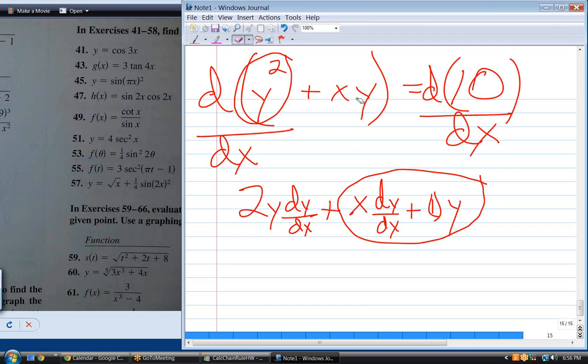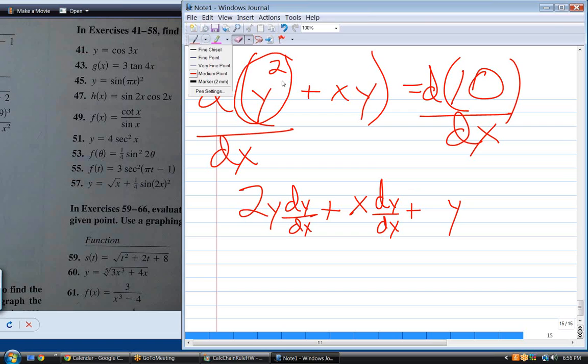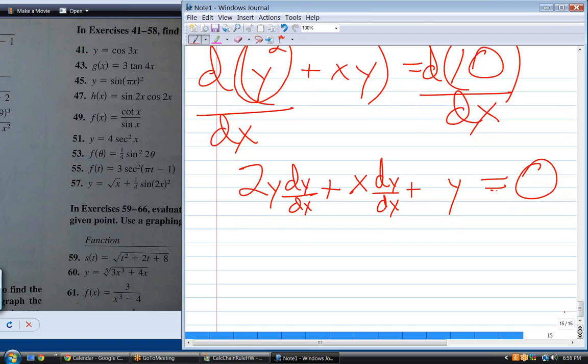It's the derivative of x times y. Well, if you're not differentiating y, you don't need to follow it with a dy dx. And the other side of this equation is 0. With me?